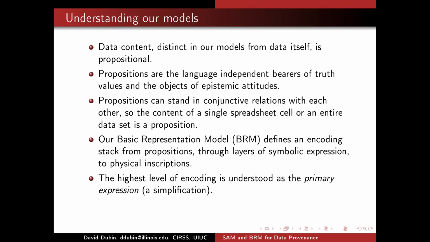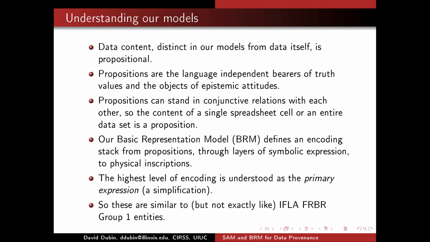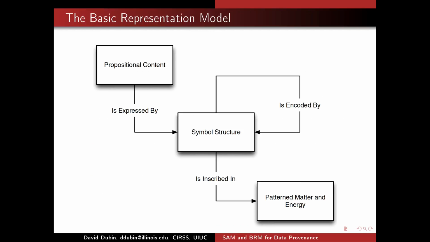As a simplification, the highest level of encoding is understood to be the primary expression. And so you're going to see that these are similar to, but not exactly like, the IFLA FRBR Group 1 entities. So we have at the top of the stack the propositional content, the abstract content of data.